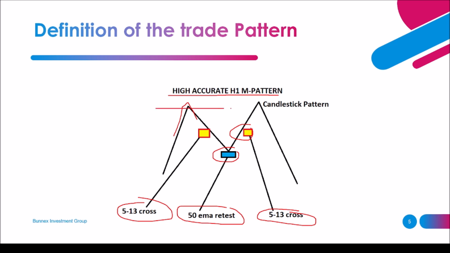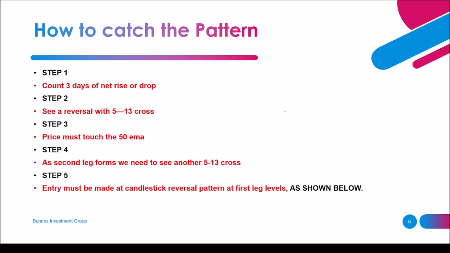At this first leg level, or just below or just above, we need to see a candlestick reversal pattern, preferably on the M15 time frame. And then after that, we make our entry.